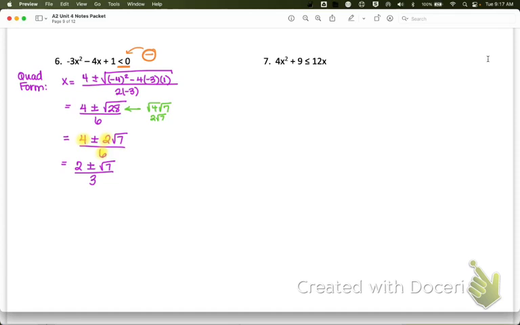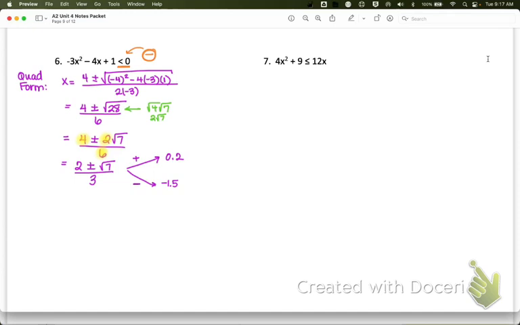Now, I don't know exactly where those numbers are on the number line, so I need to put this in my calculator to estimate. If I put it in my calculator with a plus, I get 0.2-ish, and if I put it in my calculator with a minus, I get -1.5. That'll be enough for us to understand where it goes on the number line.